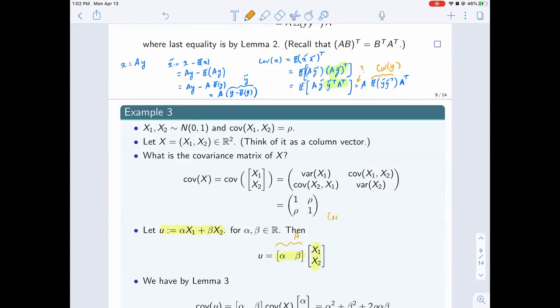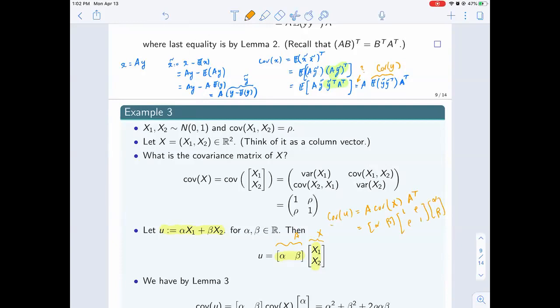So what would be the covariance of U? It would be A covariance of X, A transpose. So that would be alpha, beta, then the covariance matrix, then alpha, beta, and then you can multiply and you get the result.